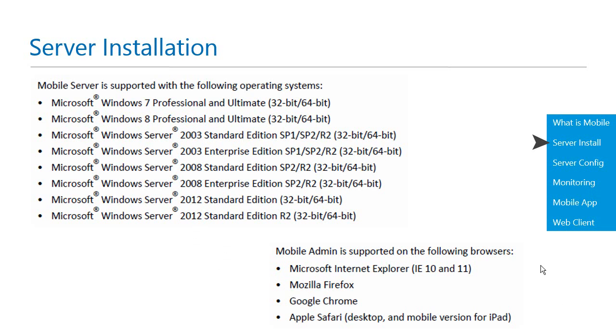Now, to actually configure the mobile server, we can do that through the mobile admin, which we connect to through a web browser, very similar to the server admin in Security Center. And that can be reached through Microsoft Internet Explorer 10 and 11. We can use Mozilla Firefox, Google Chrome, or Apple Safari as well.